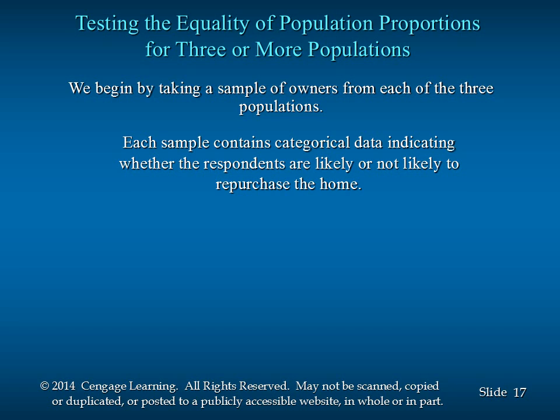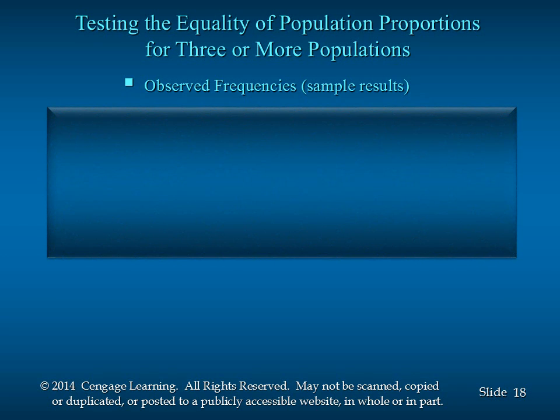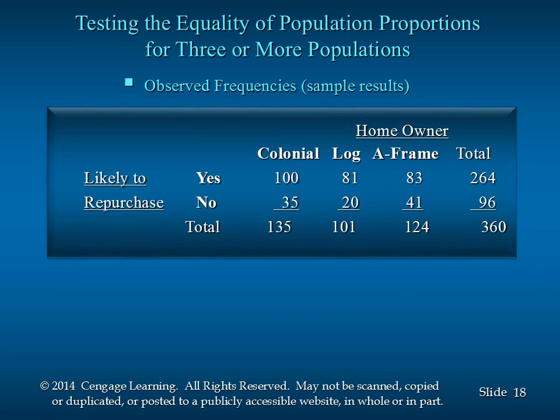And the whole purpose of this analysis is to decide, is what you're observing different than what you expected? That's what these calculations are going to be based upon. And here are your observed frequencies.